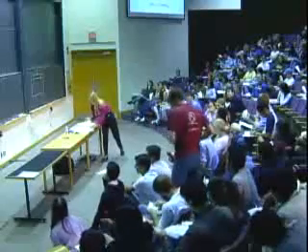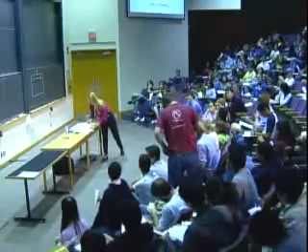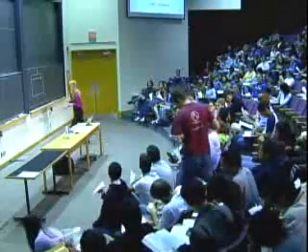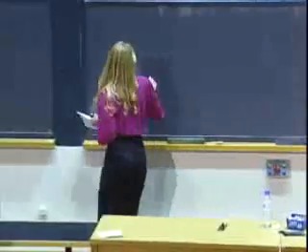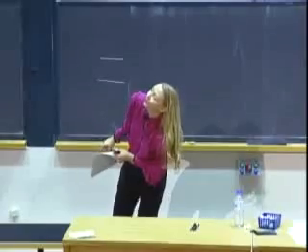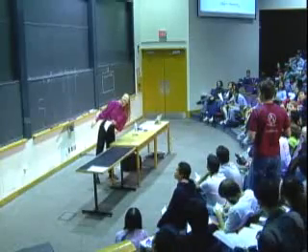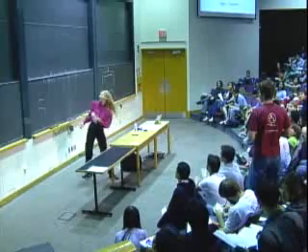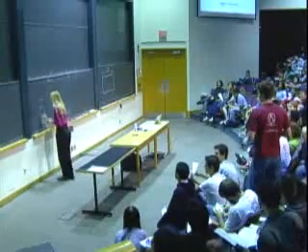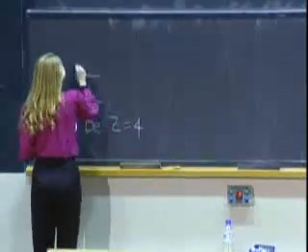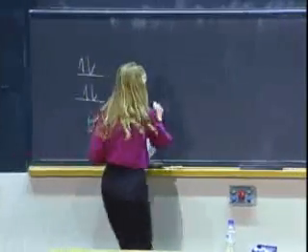But you also see that there are some glitches. You see that boron is a little bit lower in energy. Here's beryllium, the electron configuration of beryllium.